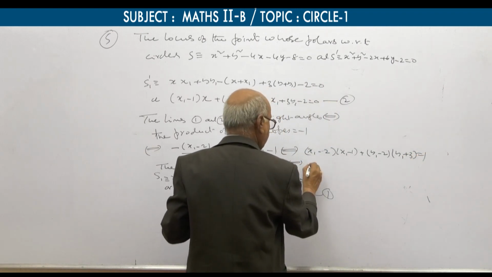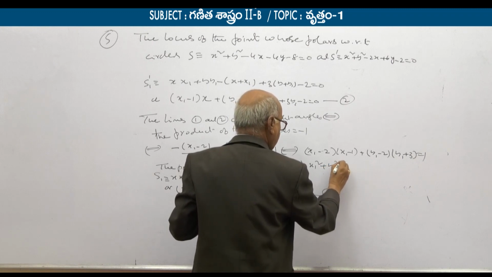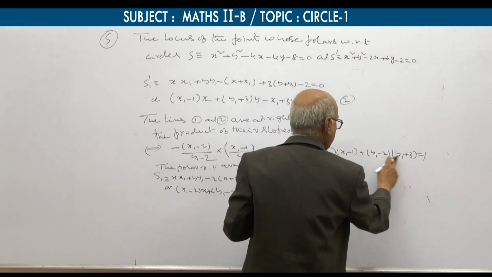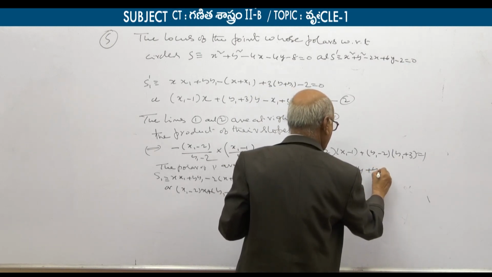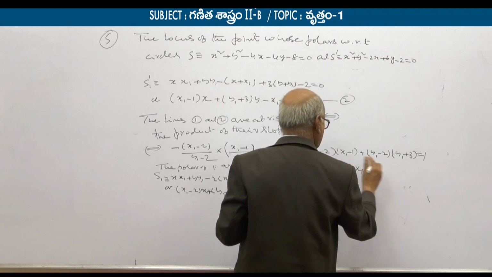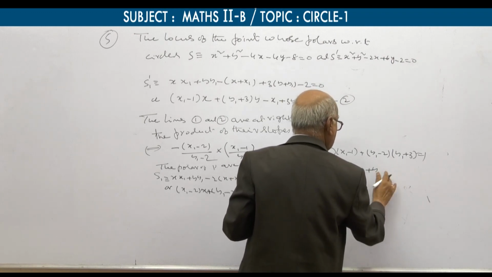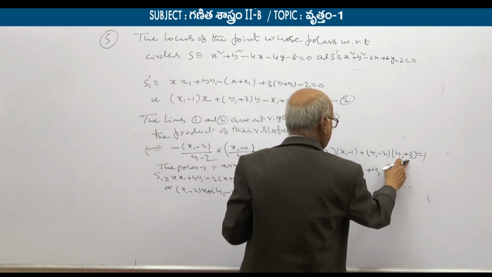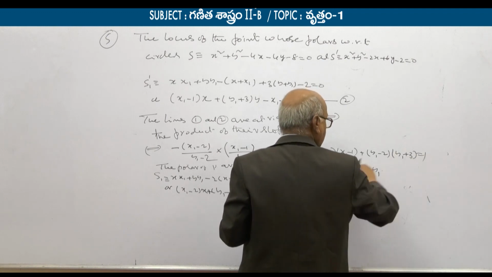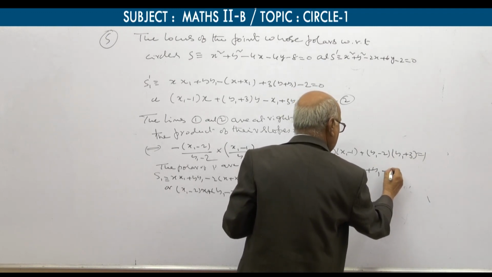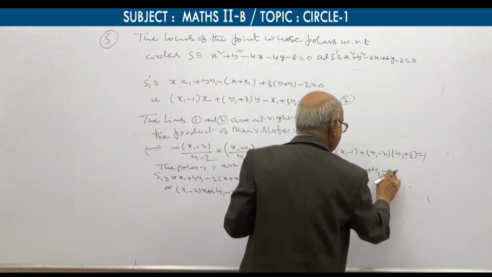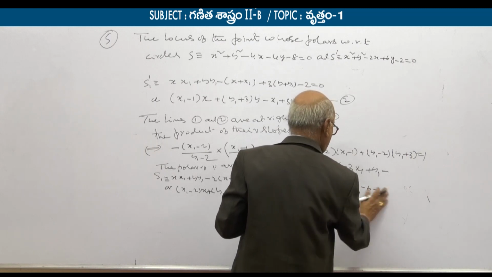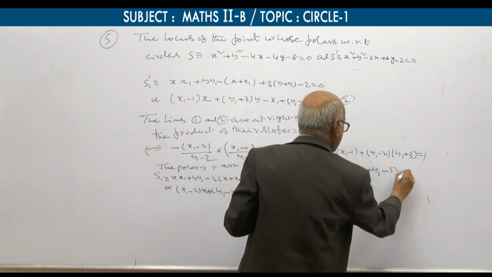So that is if and only if x1 square plus y1 square minus 3x1 minus y1 minus 5 is equal to 0.